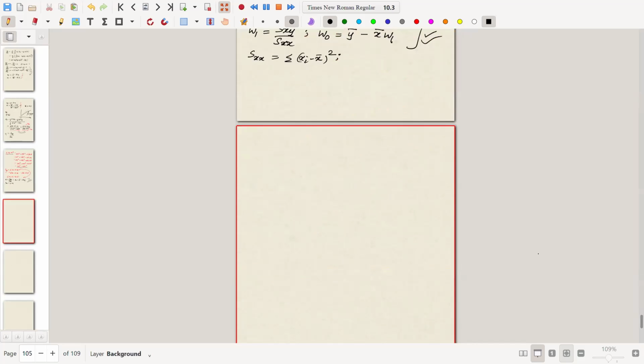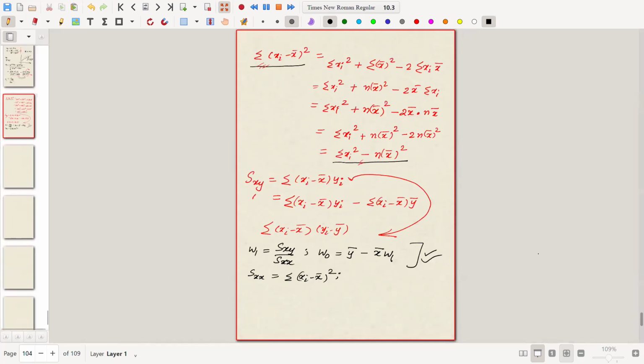Sxy is summation of xi minus x bar times yi minus y bar. Then from these equations you get the estimation function y cap, that is W0 plus W1x. This is all in a nutshell.